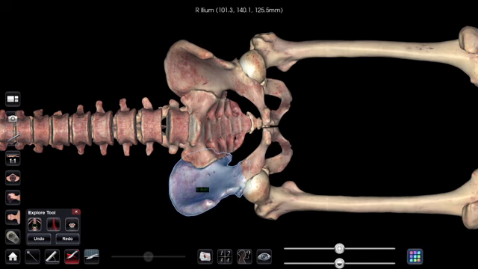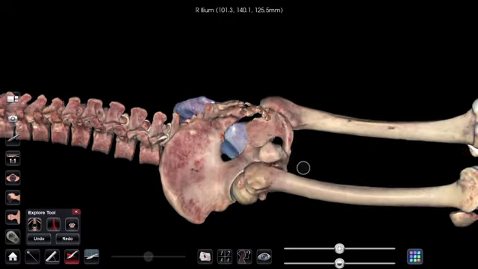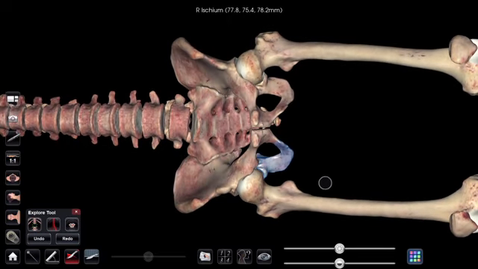Each hip bone is composed of the ilium, the ischium, and the pubis regions. Let's take a look at those three-dimensionally. The ilium is the large upright blade portion, and the ischium is the more inferior portion.